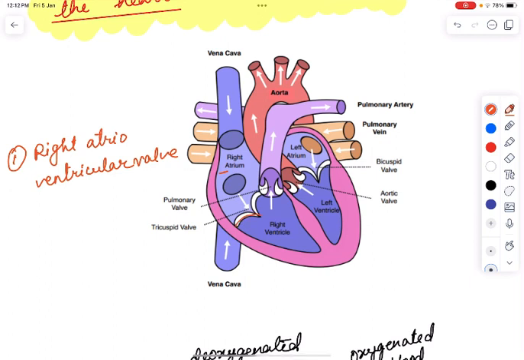So this is right atrioventricular valve. It will be present between the right auricle and the right ventricle. It has 3 thin triangular leaf-like flaps. How many flaps? 3 flaps, and therefore it is called the tricuspid valve. So what do we call it? Tricuspid valve.